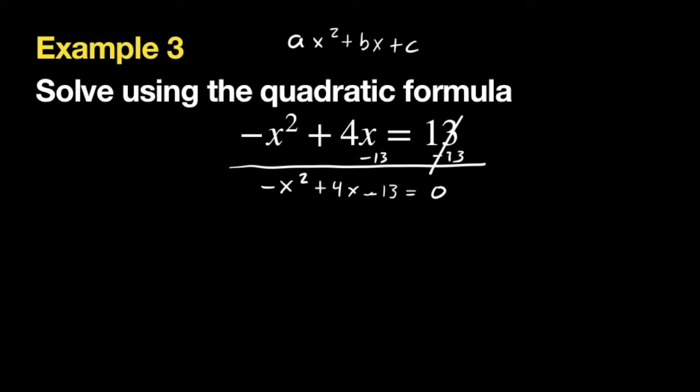All right, now that we have this, again, we're going to label the information that we have. A is going to be -1, B is going to be 4, and C is going to be -13.